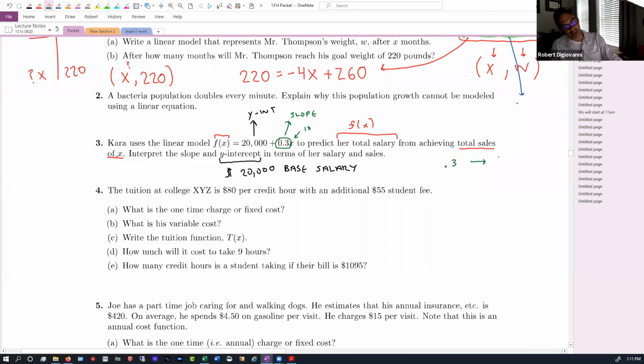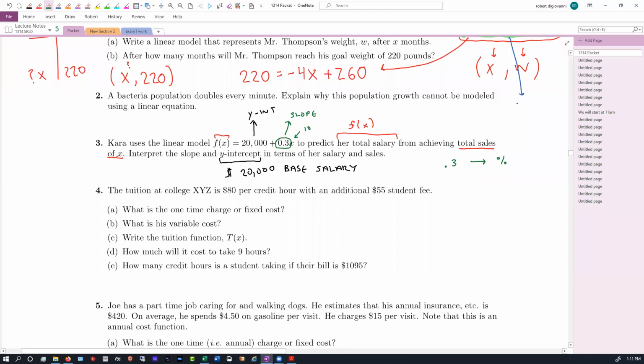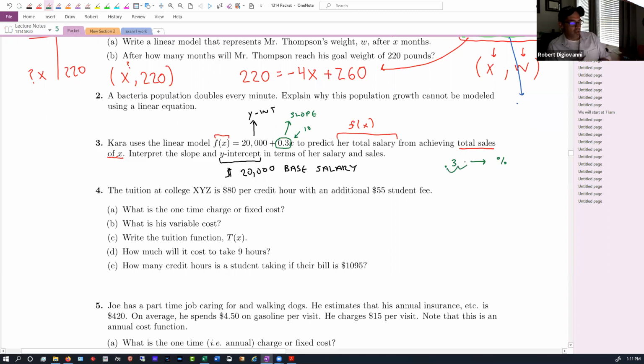Like if I ask you to convert that to a percent. 30, the decimal point comes over 2 places, right? So the slope represents 30%. Does anyone know what it's called for people who are in sales, when they get a certain percentage of their sales, what that's actually called?